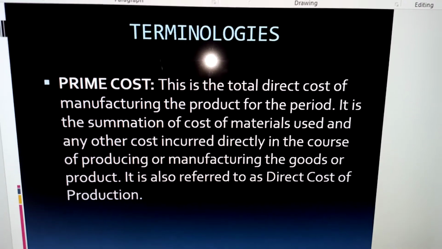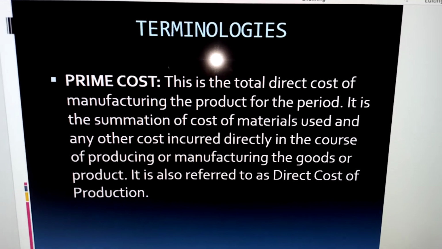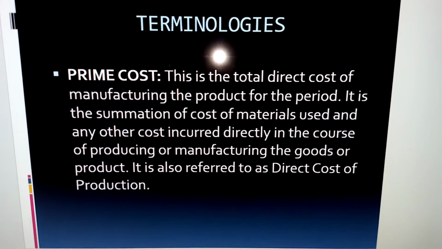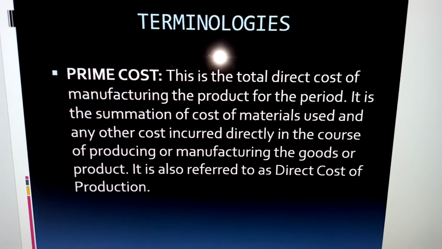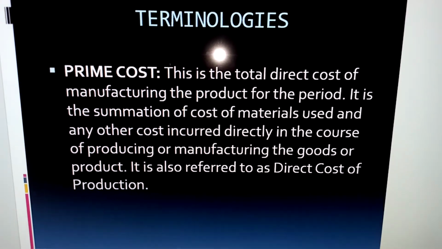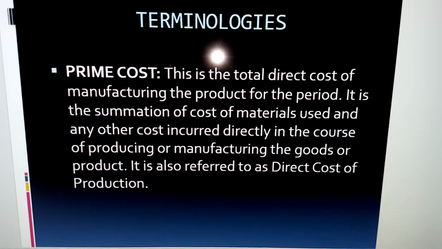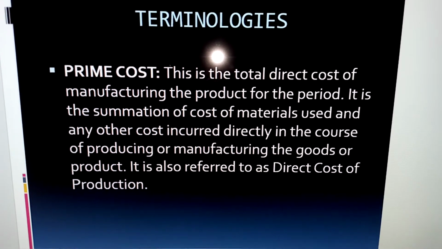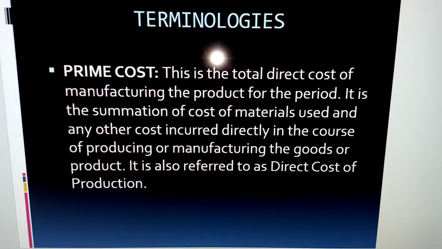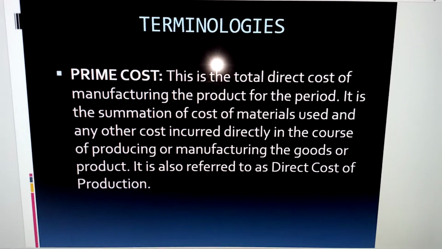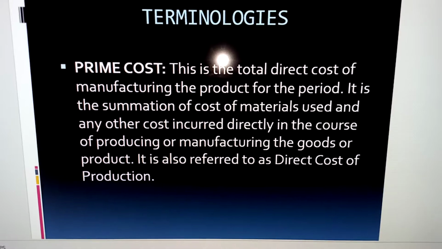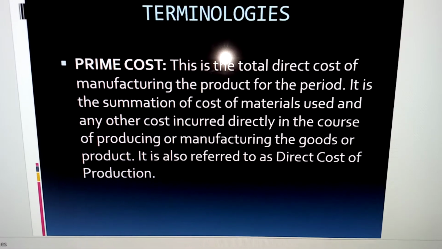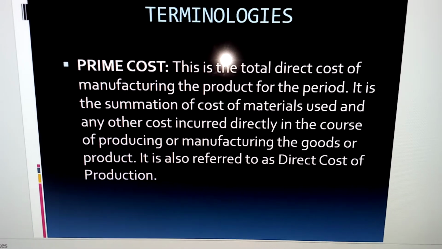Here we have prime cost. Prime cost can also be referred to as total direct cost. So the total cost involved in directly manufacturing the product is what we call prime cost. So no indirect expense involved here, just direct cost. So what are the direct costs involved? We can talk about the materials and the direct expense or direct labor involved.